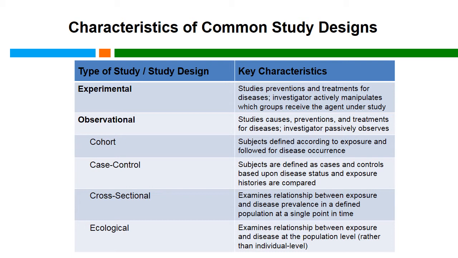And again, what differentiates ecological study designs from the other three, cohort, case control, and cross-sectional studies, is the level at which we're looking at the disease, whether it's the population level, and that would be ecological study designs, or the individual level, and those would be the cohort, case control, and cross-sectional study designs.